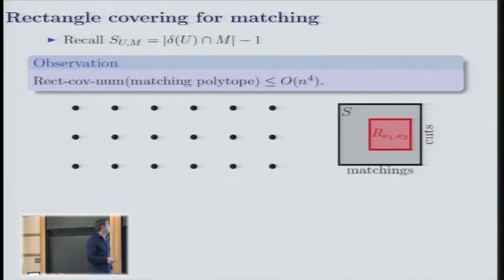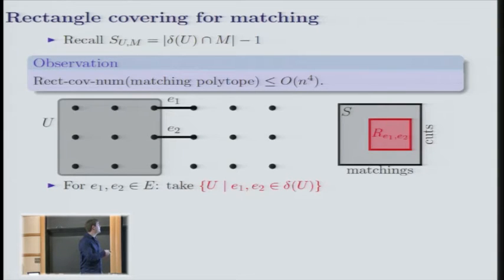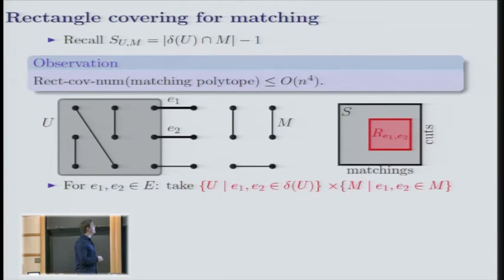Okay. And the rectangle covering is quite easy. You take any pair of non-incident edges, E1 and E2, and then you define the rectangle in the sense that you add all the cuts which cut both of the edges, and then you add all the matchings that contain both of the edges.